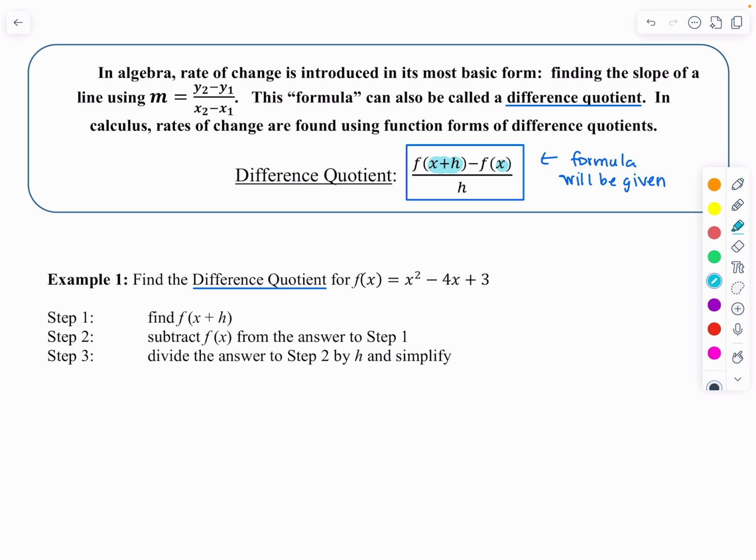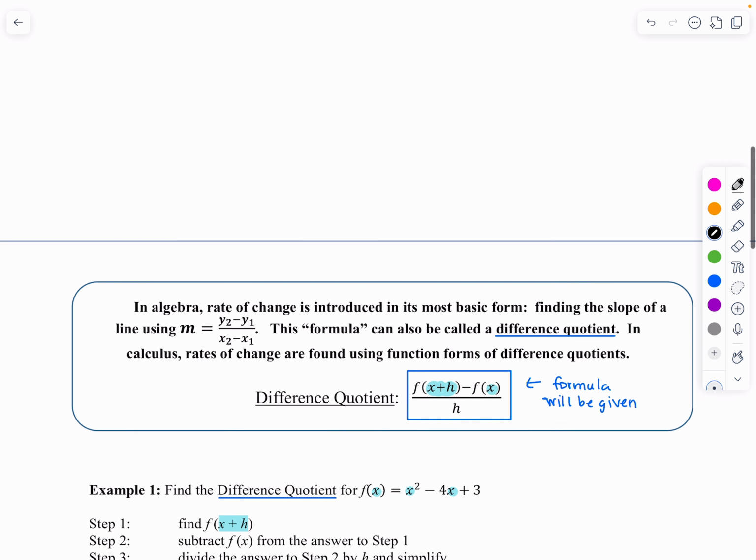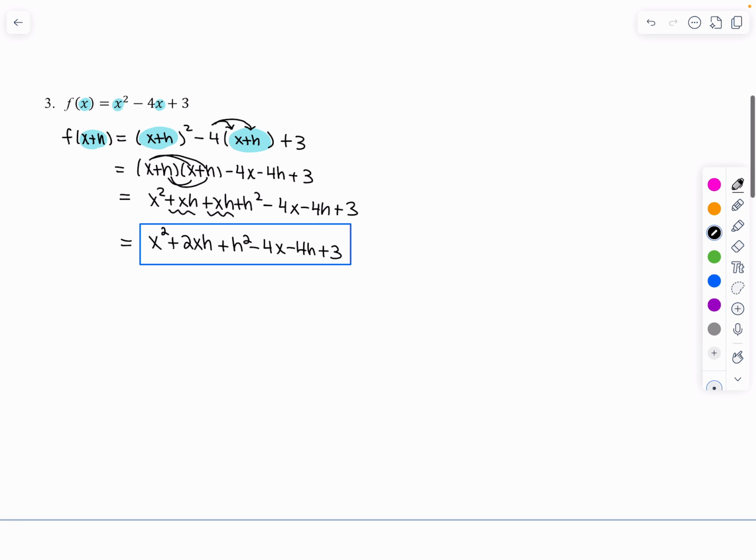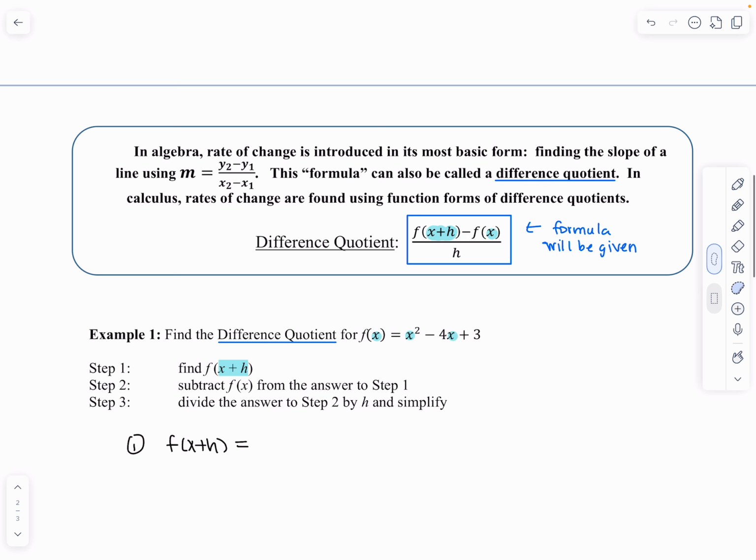We're going to find f of x plus h for the given function. So let's do that. Step 1. We're going to take this function, and instead of f of x, we're going to take x squared minus 4x plus 3. Oh, wait a second. I'm going to save myself some time. This function here is from the do now. So x squared minus 4x plus 3. So we already did this. So I'm going to save myself a step and copy the answer.